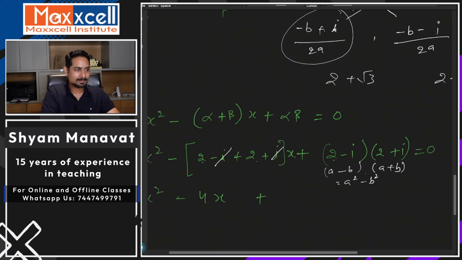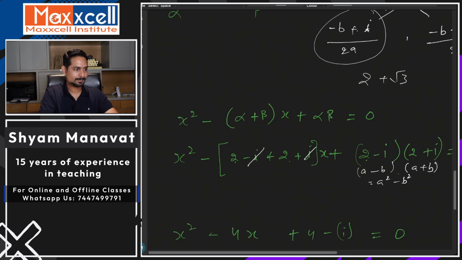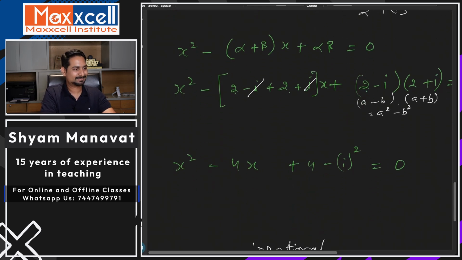So here a is 2, so 2 square is 4, minus b, which is i, so you will get minus i square. Hold on, I am going to tell you in detail. Stay tuned, don't skip.